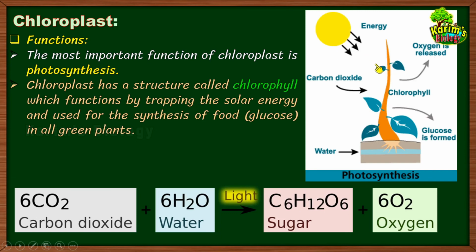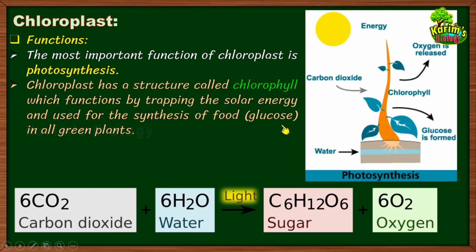When the sunlight falls on the leaf, listen carefully, then the chloroplasts present in the leaf trap the energy present in the sunlight, and they convert that energy into chemical energy, and then use that chemical energy to synthesize food material such as glucose.